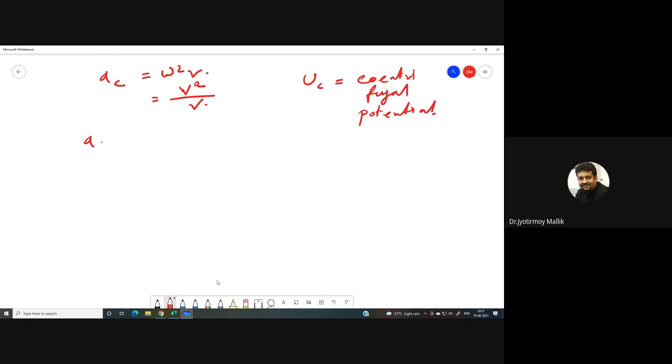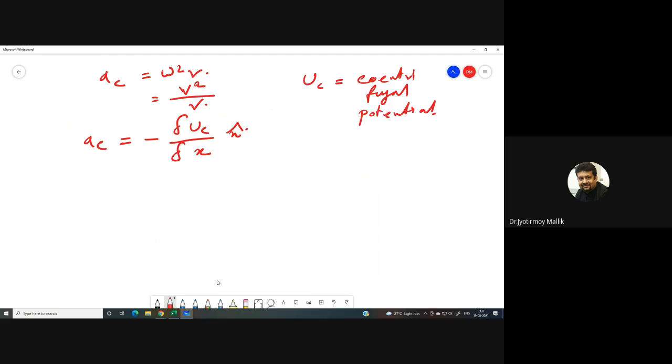So AC, the centrifugal acceleration, can be written as delta UC by delta X. With the same logic as for GM by R square and UG, it's the differentiation of the centrifugal potential.